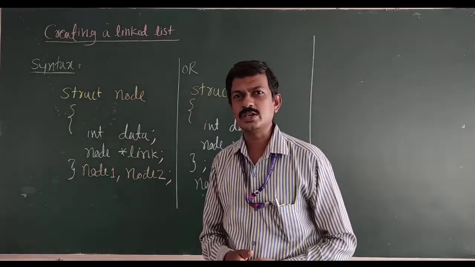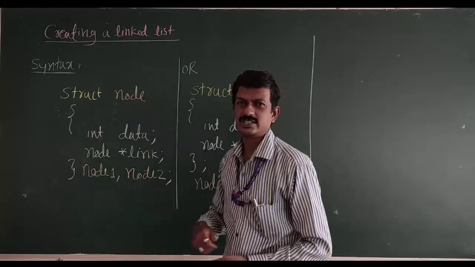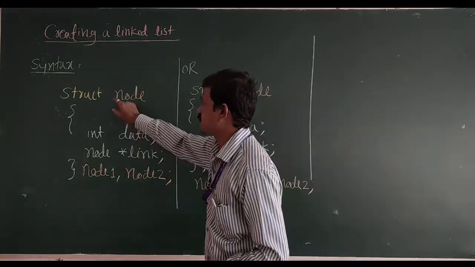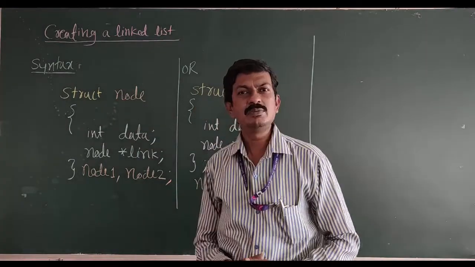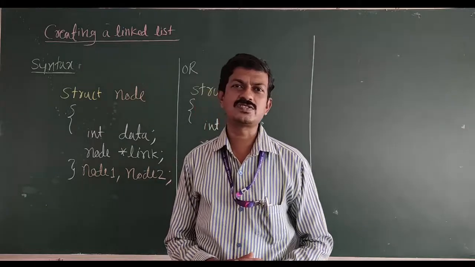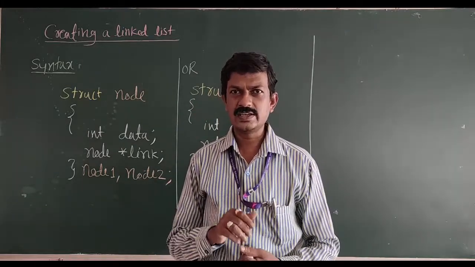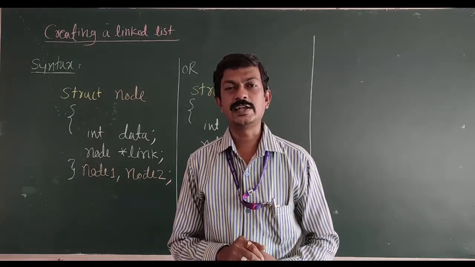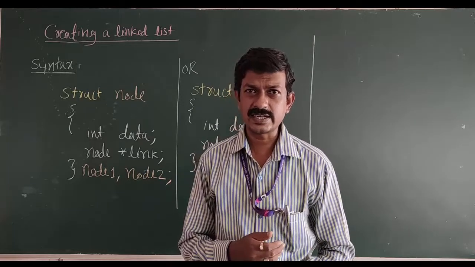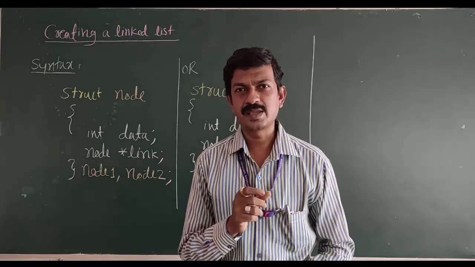Before we start this topic, you need to remember the structure definition. In the previous class, we discussed the structure chapter. What do you mean by structure? Structure is a collection of heterogeneous data items, which means it is able to store different kinds of data items under a common name.